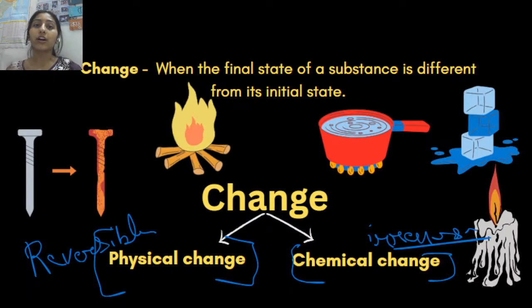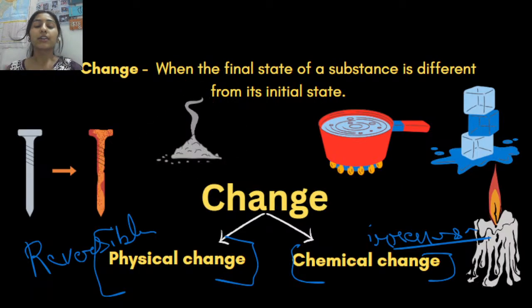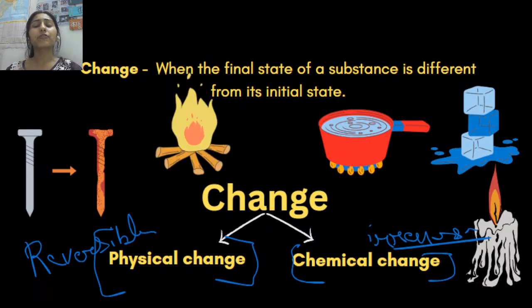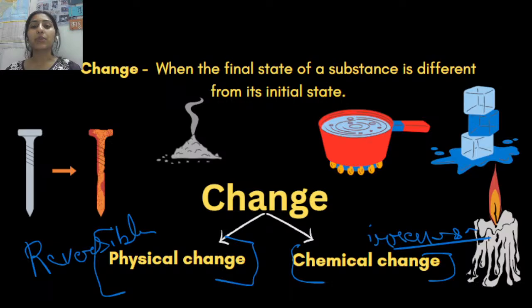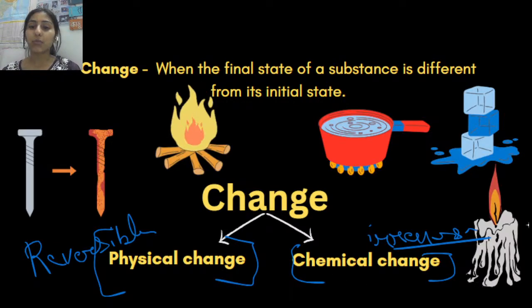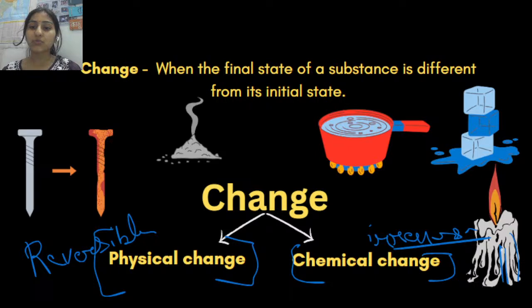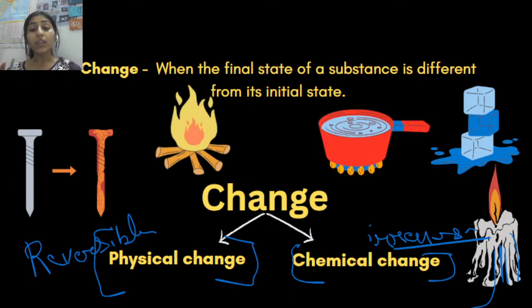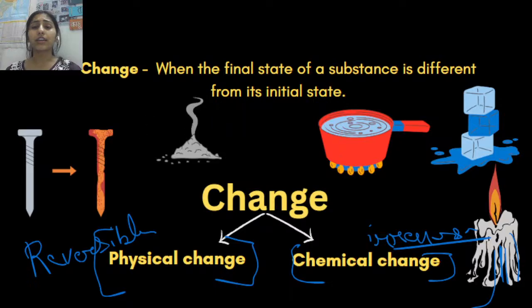We cannot undo this particular task, right? So this activity, the burning of a candle, is regarded as a chemical change. Whereas in the same scenario, the melting of wax would be a physical change, because we can again solidify this wax.